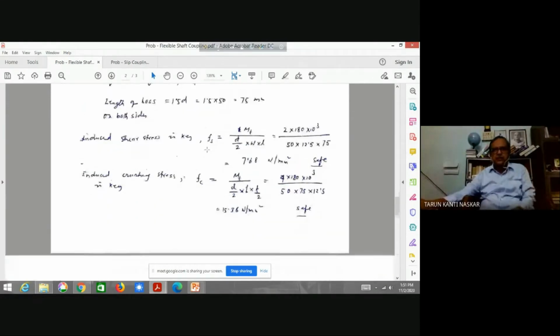So the induced shear stress in key is equal to Mk by d by 2 into w into l. These expressions are already known to you when you have designed the shaft. You have already designed shaft and key in the earlier semester, is it?